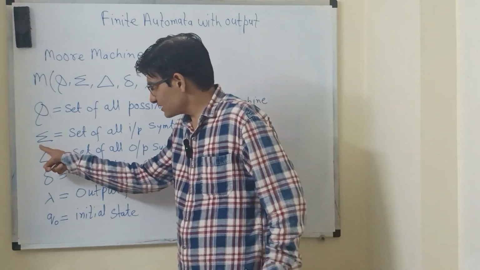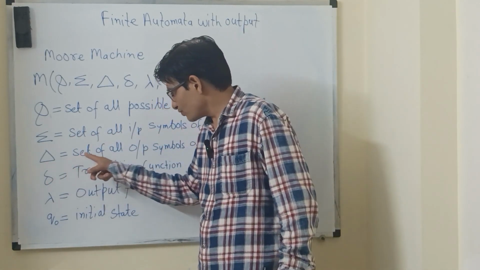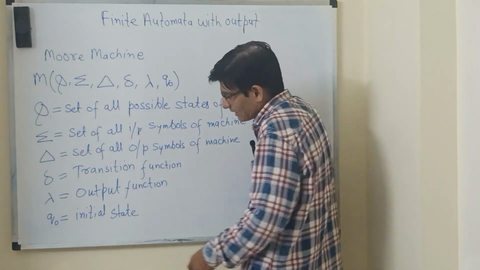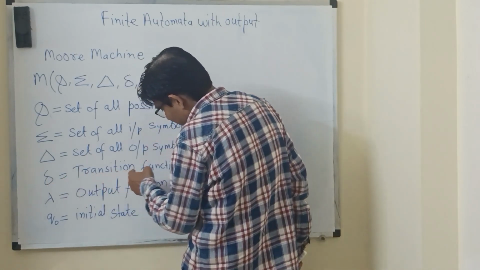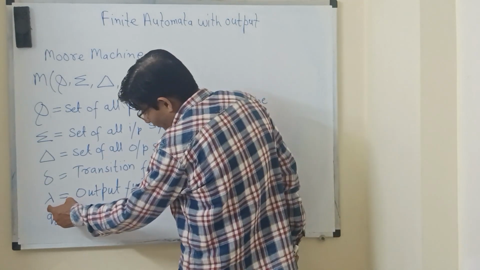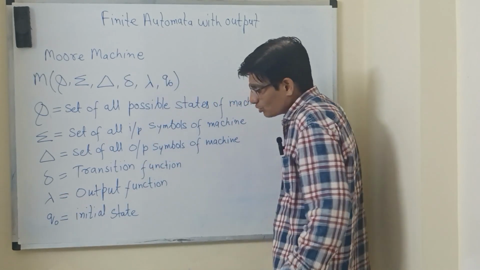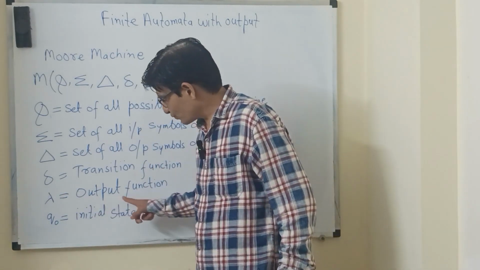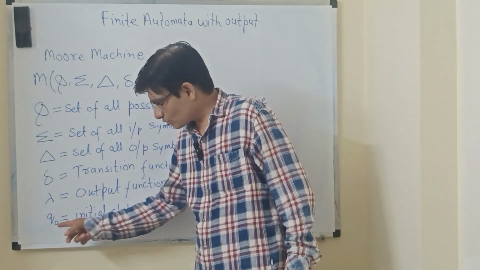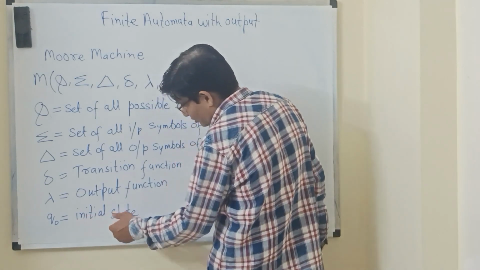Like sigma is the set of all input symbols of the machine, this delta is the set of all output symbols of the machine. Then the small delta is the transition function, which is the same as finite automata without output. And then one more function we have added here, that is lambda. Lambda is known as your output function, and Q0 is the same as finite automata without output. So it is the initial state of the machine.